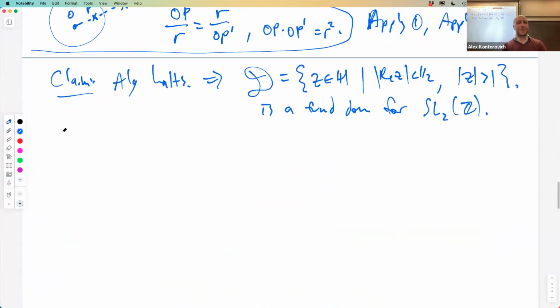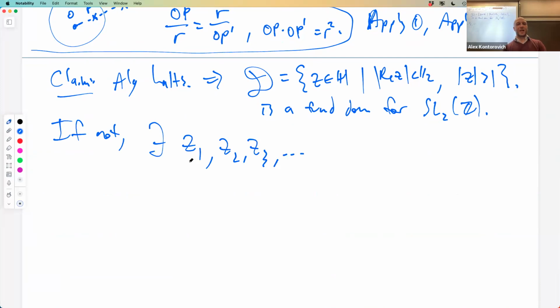So if not, there exists an infinite sequence, Z1, Z2, Z3, and so on. And each of these is, of course, gamma 1 times the base point Z0, and then gamma 2 times Z0, right? Each gamma is a matrix in SL2Z gotten by multiplying all the T's and the S's together.